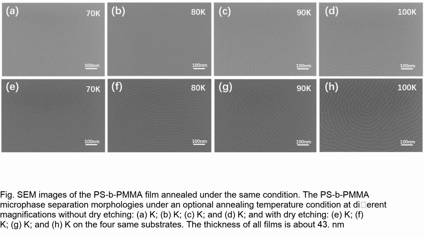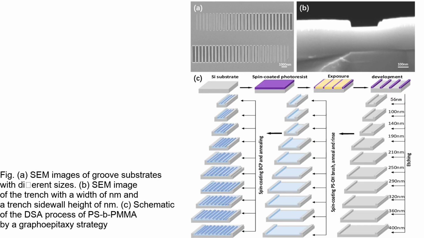SEM images of the PS-b-PMMA2 film annealed under different conditions. The images demonstrate defect-free cylindrical microdomain patterns under different annealing temperatures, indicating the optimized conditions for achieving microphase separation of PS-b-PMMA2. Schematic illustration of the DSA process of PS-b-PMMA2 with graphoepitaxy.